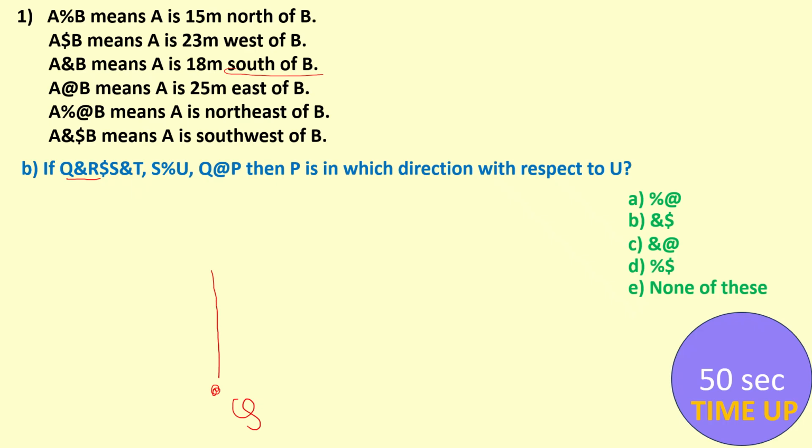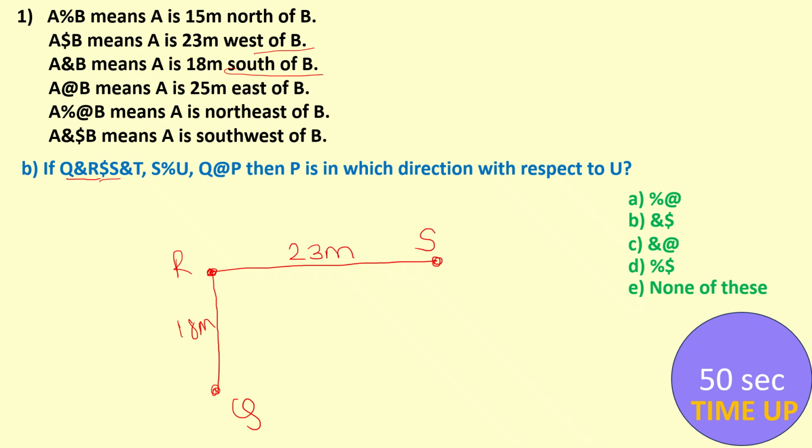Next, R dollar S. R dollar S means R is to the west of S by 23 meter. So S should be placed here then. Then only R will be to the west of S by 23 meter.